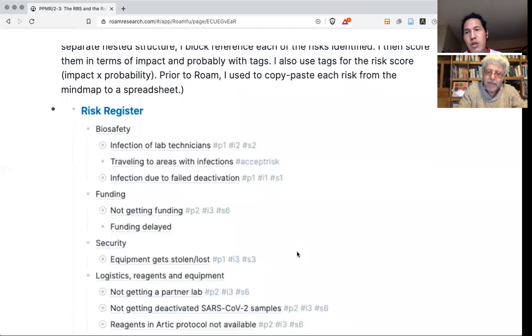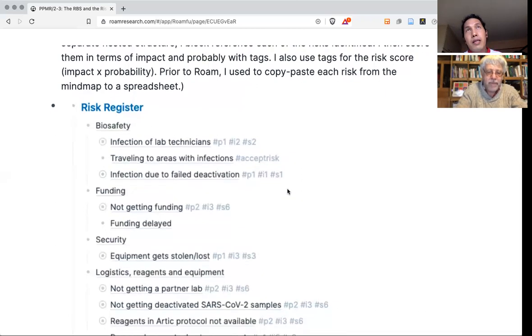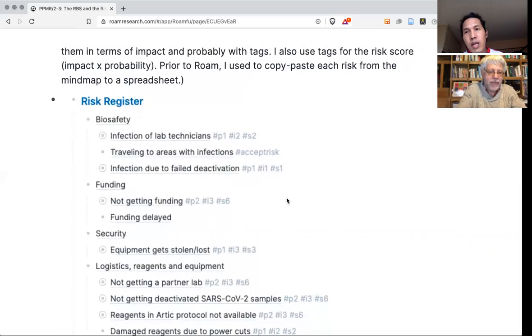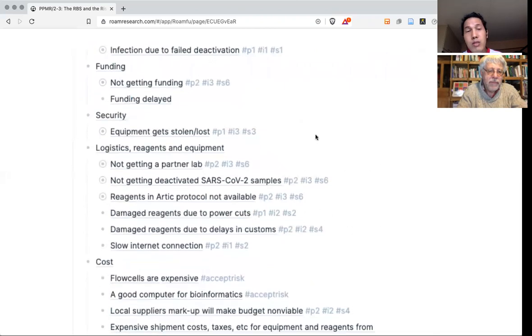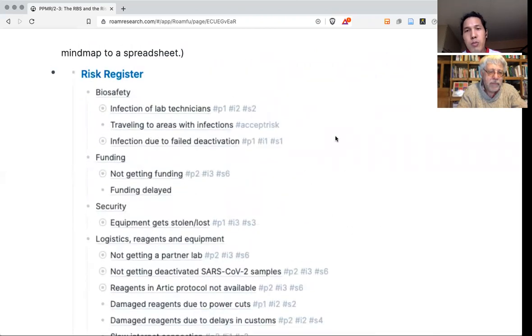For this screenshot, I did this by myself, but ideally you want to check this with people who are experienced in this area. How probable is this thing? It's good to talk to people who have done a similar project in the past. In my case, this project is done, I mean, we have completed this project.